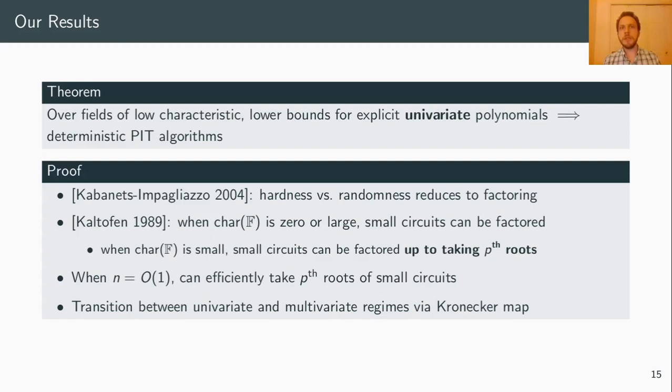But then we make this extra observation that in the regime where the number of variables is bounded, we can efficiently take pth roots of circuits. Using that, plus this standard tool of the Kronecker map, we can obtain these hardness versus randomness trade-offs where we no longer need to assume lower bounds against pth powers of our hard family of polynomials. So this is the main theorem in this work.